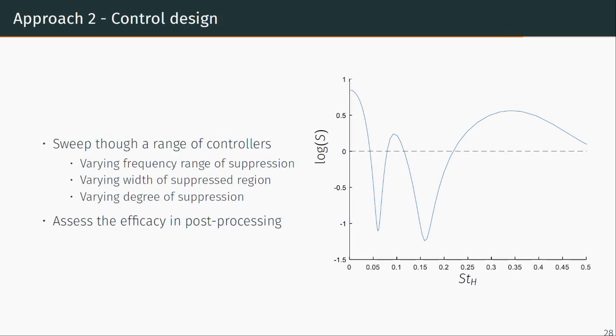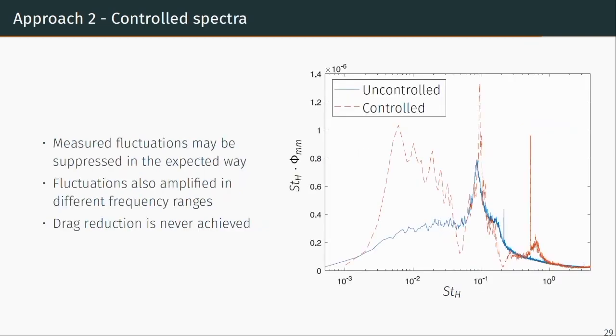And when it's greater than 0, we'll have amplification of disturbances. So we can sweep through a range of these different controllers, varying various parameters and various shapes of this frequency response. And what we find when we do that is that we're able, as we hoped, to suppress fluctuations in various frequency ranges.